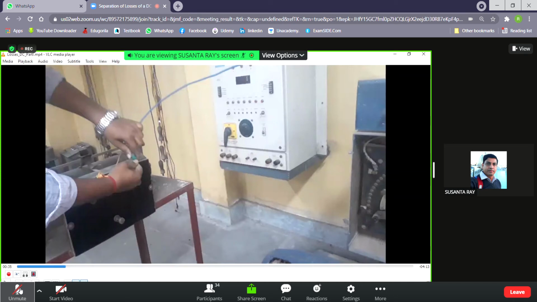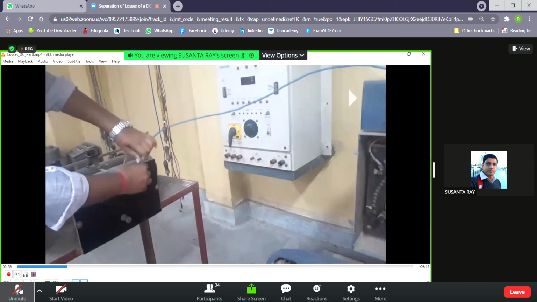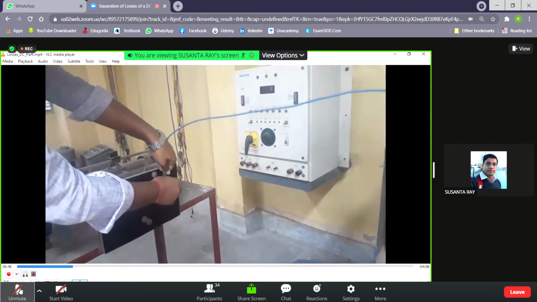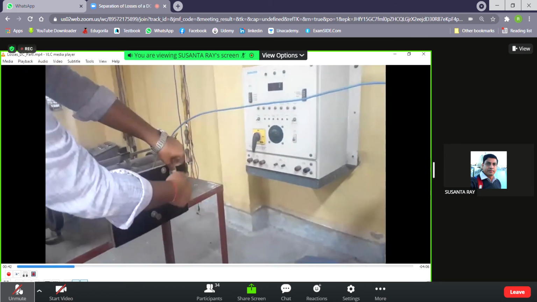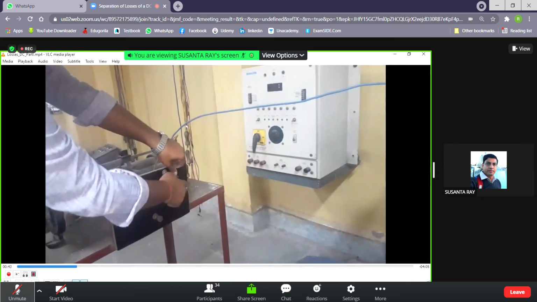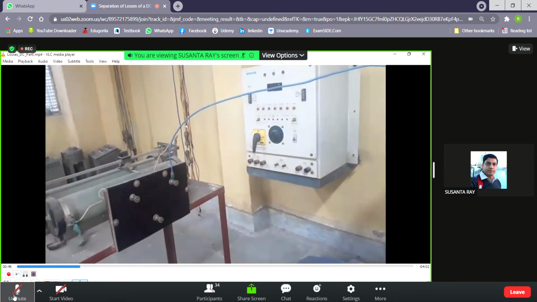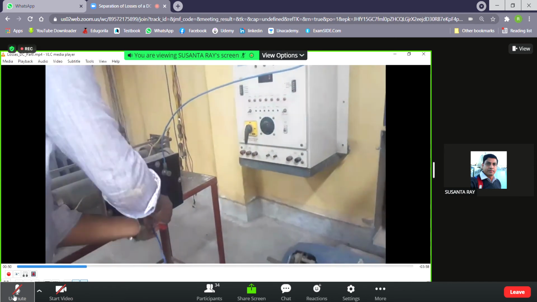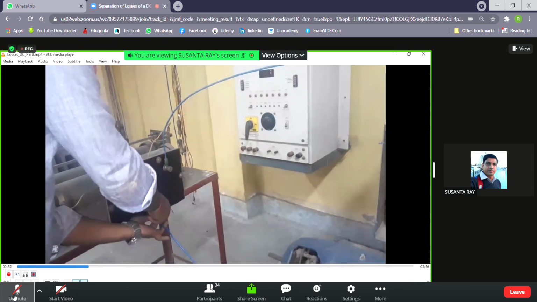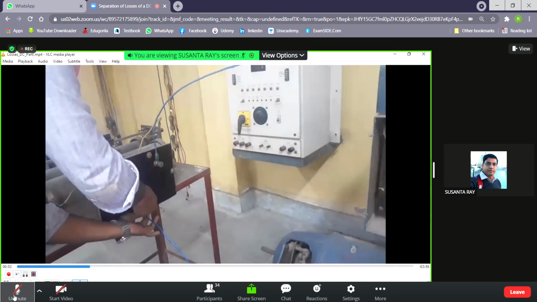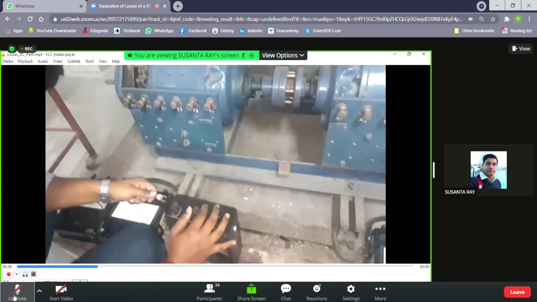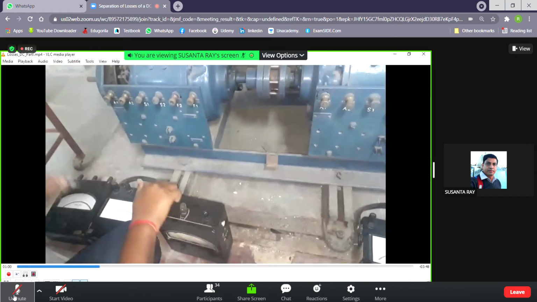What he is doing, he is connecting one fixed terminal and the variable terminal to A1. So there are 2 ammeters basically.